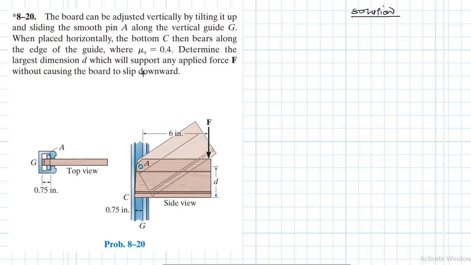We are now being asked to determine the largest dimension D, which can support any applied force F. So we need to draw the free body diagram. Look at the top view.